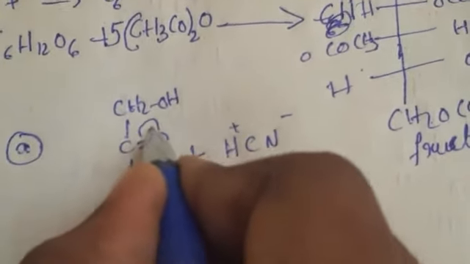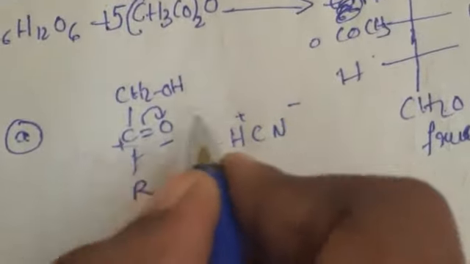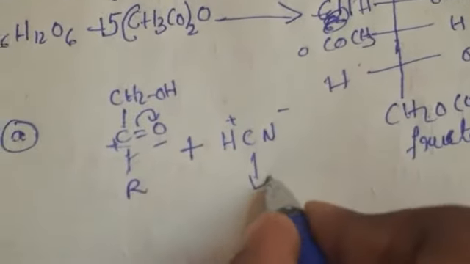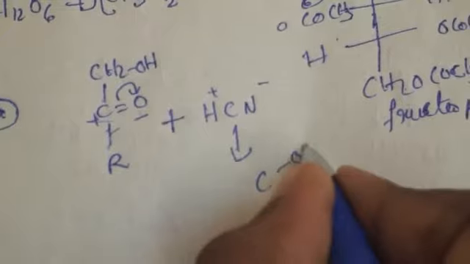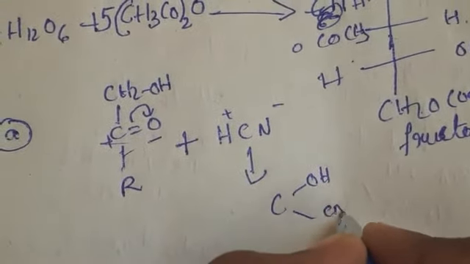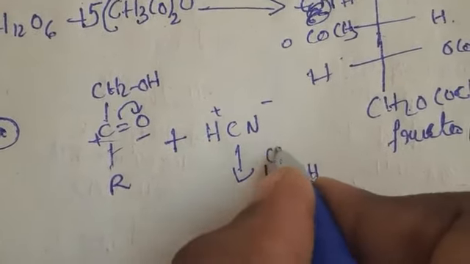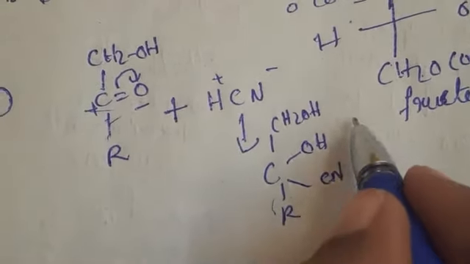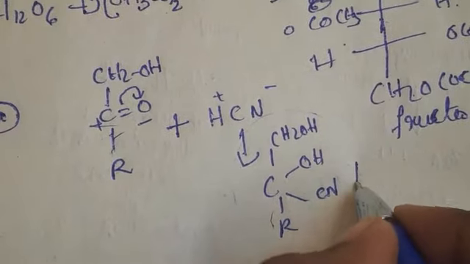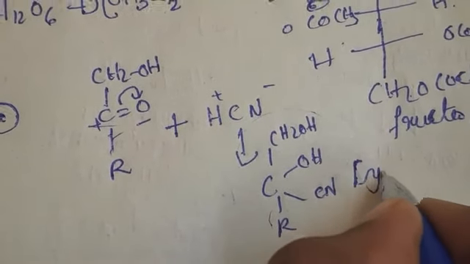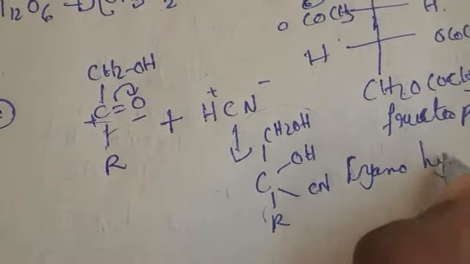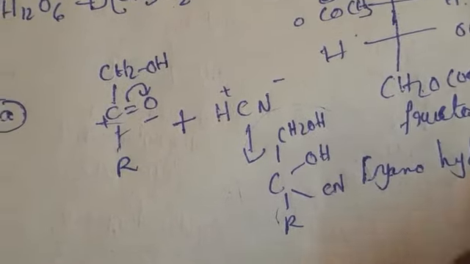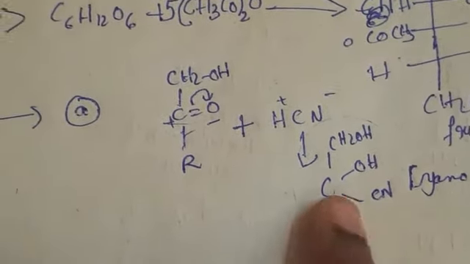What you get here is C(OH)(CN) with CH2OH and R. So a hydrocyanohydrin molecule, a cyanohydrin, is formed.